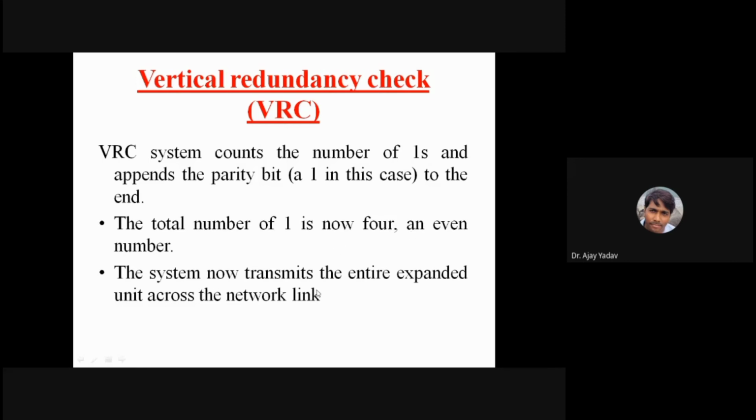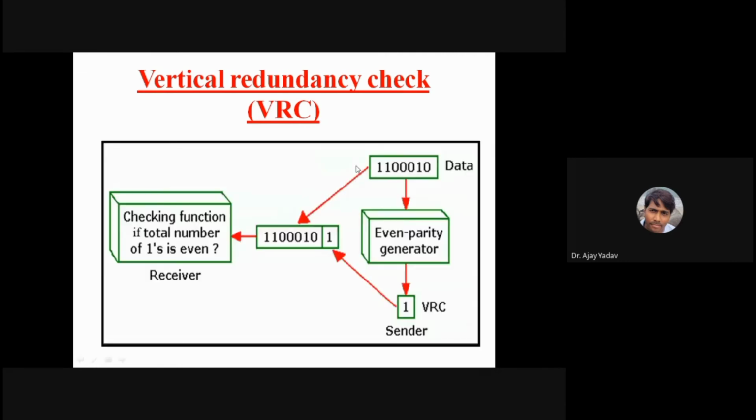The system now transmits this entire expanded unit, meaning the data unit plus this extra bit, which is one here, to the next part of the communication channel. Total number of ones will be 4 here. Here is another example. This is the data which has an odd number of ones.